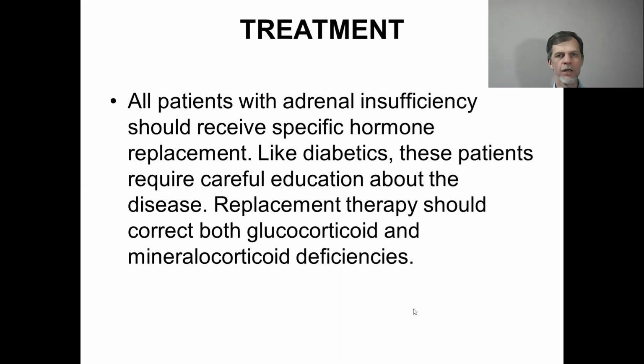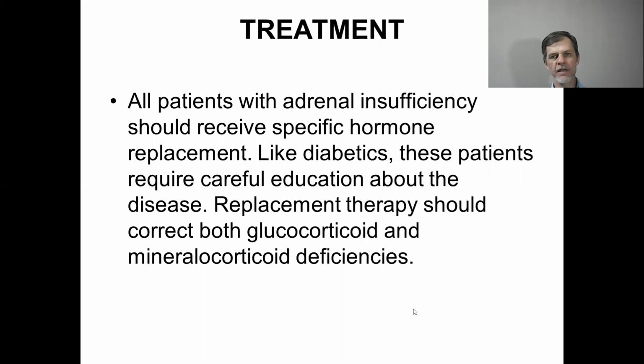Diabetic patients, they should use insulin. Patients with Graves' disease, we give them thyroxine. And in case of adrenal insufficiency, we also should give a remedy which contains the absent hormones.